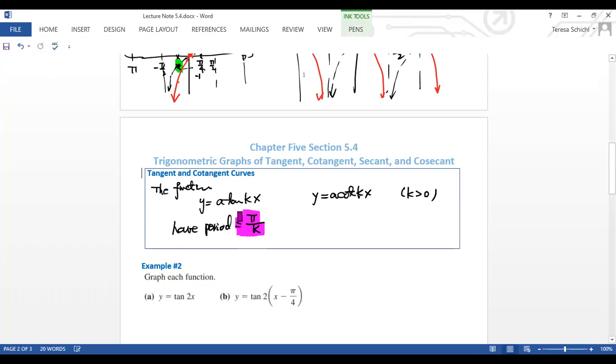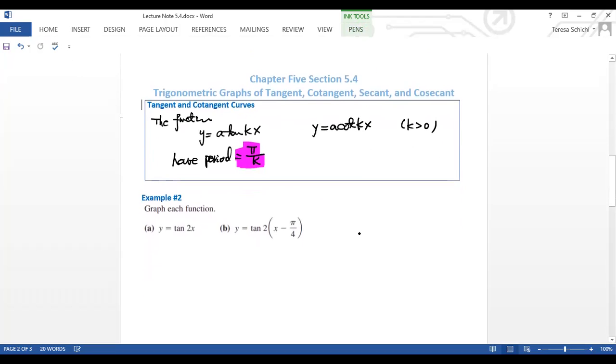So be careful, just like we did for the sine and cosine, but right now the parent function period is pi. So this one is really a horizontal stretch or shrink.